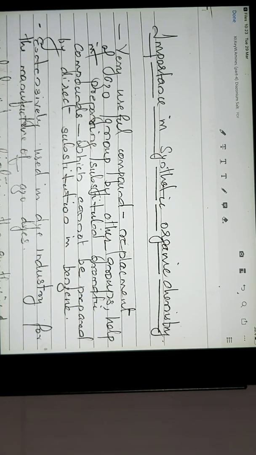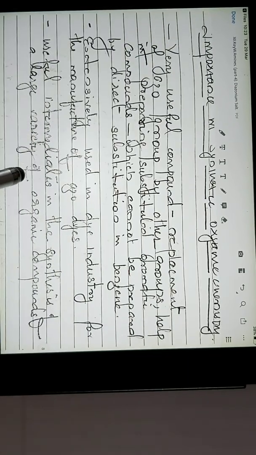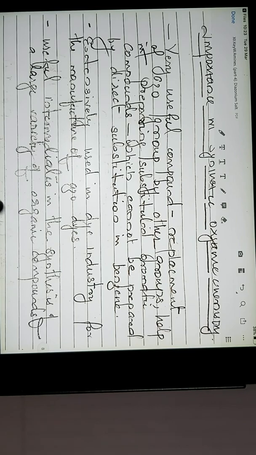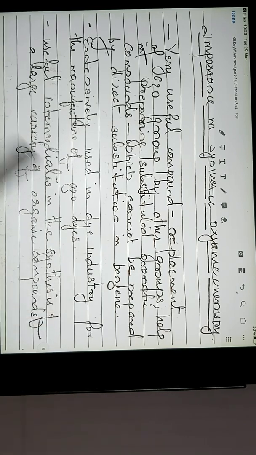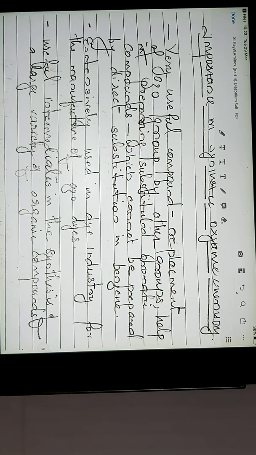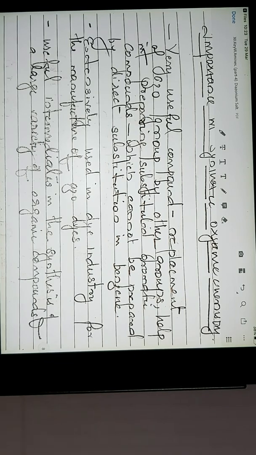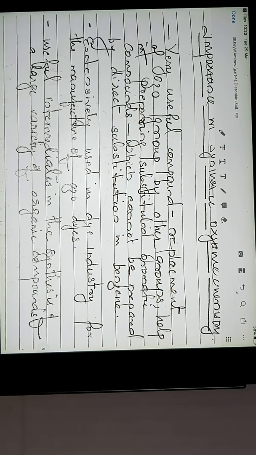Certain aromatic compounds we can't prepare directly, so we make a substituent and then extract from that. In such cases this compound comes in as the intermediate product.